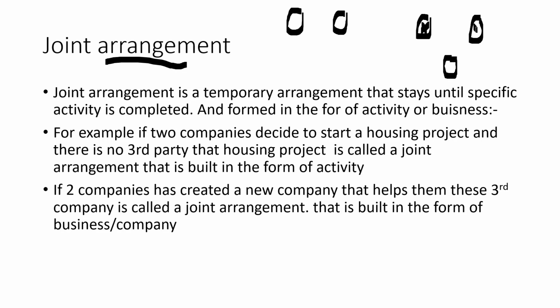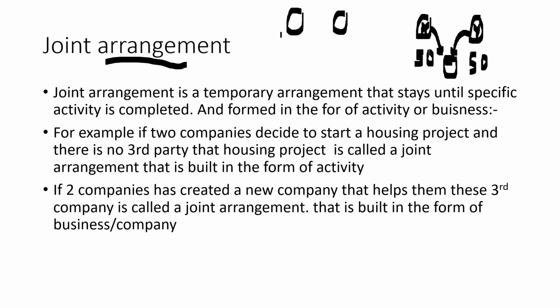So, when Y company and X company invest some of their money and buy 50% of the shares of this third company, this means Y bought 50% and X bought 50%. At this time, they both have joint control of this third party's company. This is called a joint arrangement.